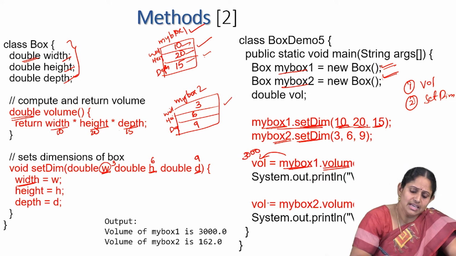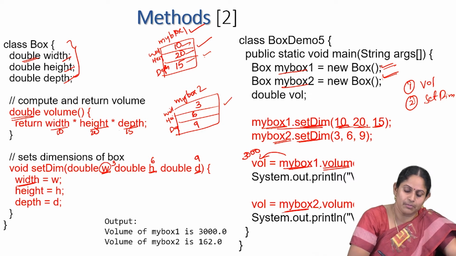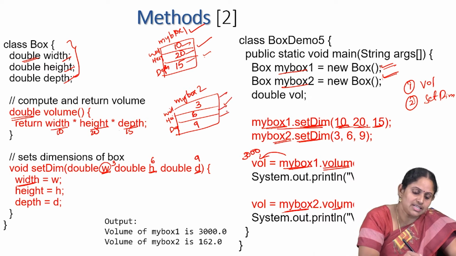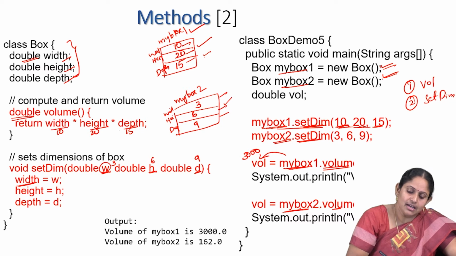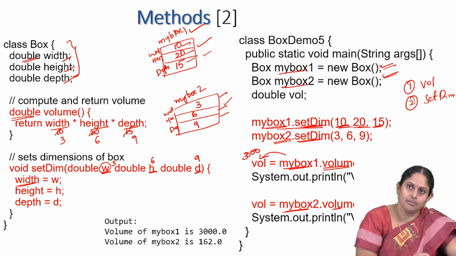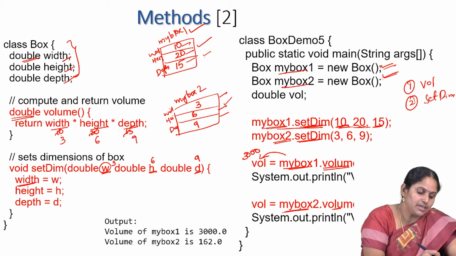Similarly, we have the same thing for mybox2. The volume in the case of mybox2 will extract these values 3, 6 and 9, and the product will be obtained and returned to the called function, that is the main.